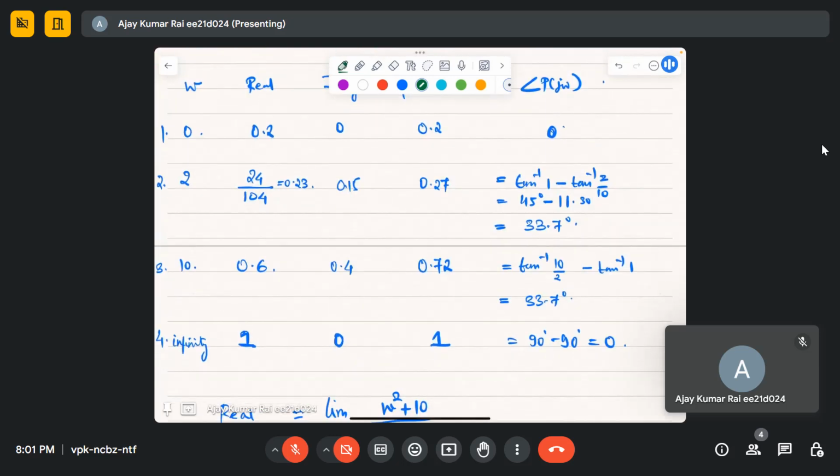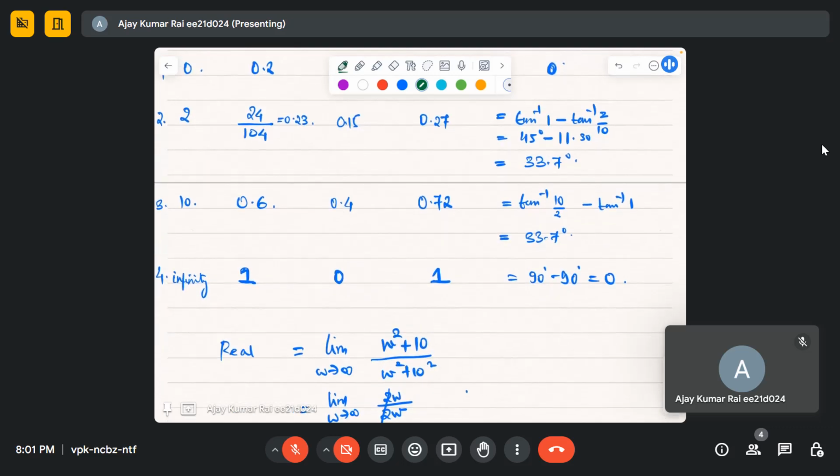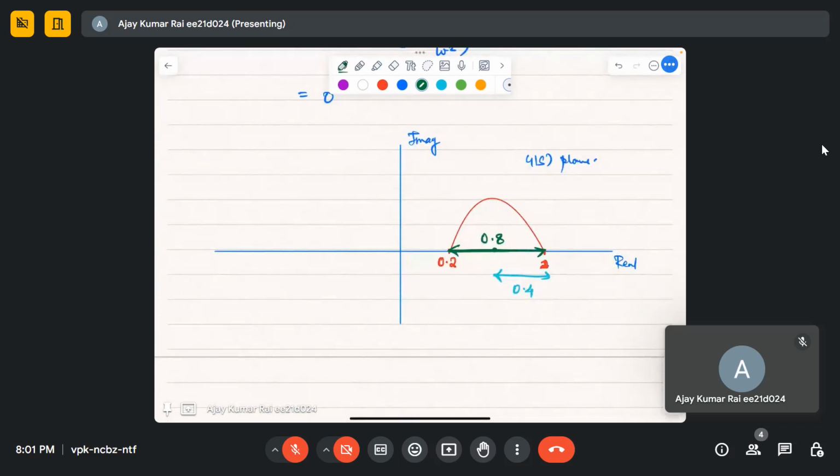Interestingly, what we can say is the angle is same in this case, 33.7. So let me say what are those points. If you see these 2 points, this is 33.7 degree.